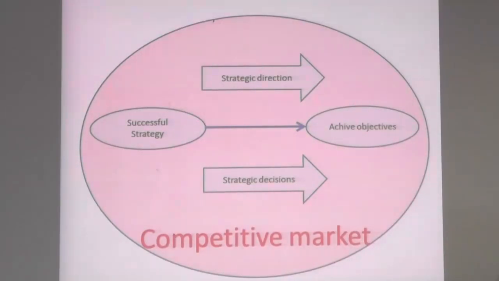They know what to do, what will be in future, and also some organizations consult new consultants for guidance. So, they will be given the directions, and decisions can be taken by the management to achieve the objective. So, all these things which I explained as strategies will be in the competitive market.